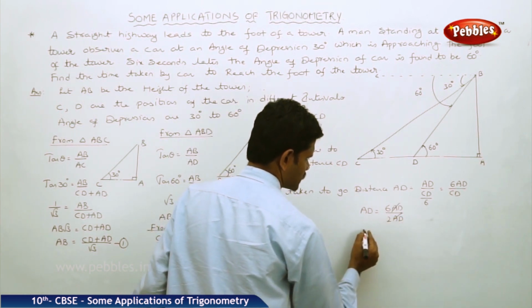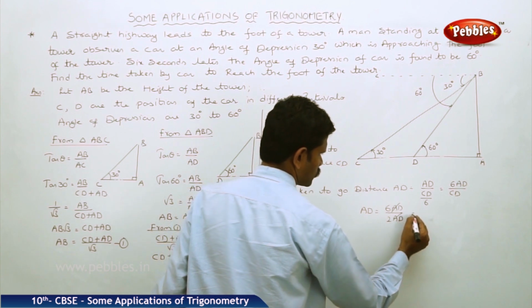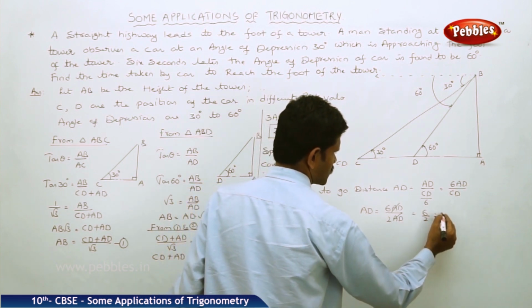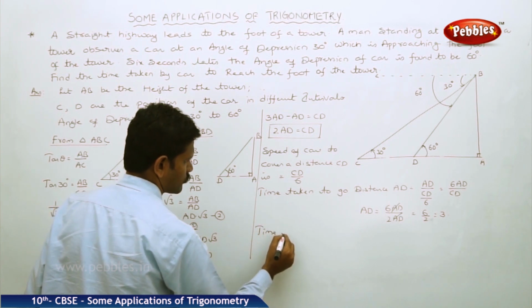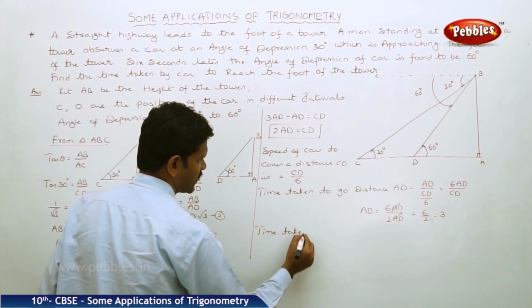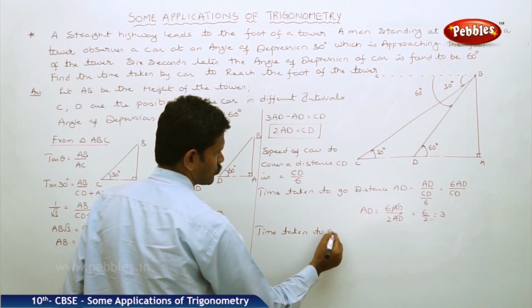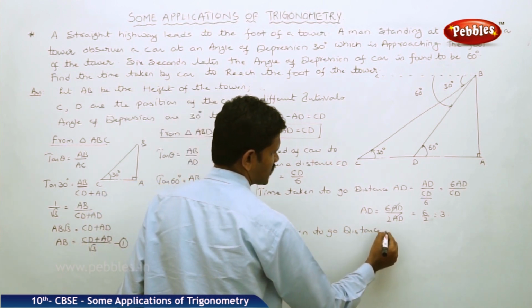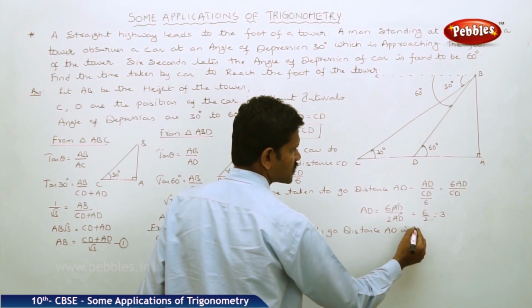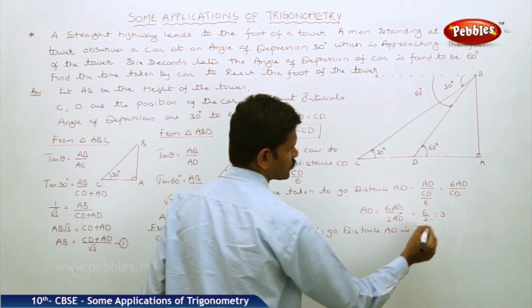AD gets cancelled, that is equal to 6 by 2, that is equal to 3. Therefore, the time taken to go distance AD is 3 seconds.